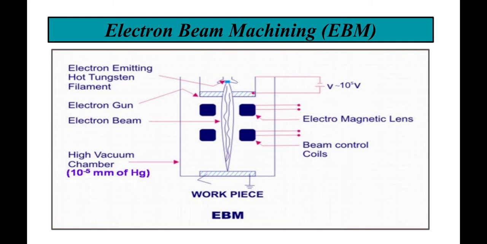Here we have a hot tungsten wire filament, or hot tungsten filament, which is emitting electrons, and here you can see the electron gun. We'll discuss all the parts later on. And here you have the electron magnetic lens also.